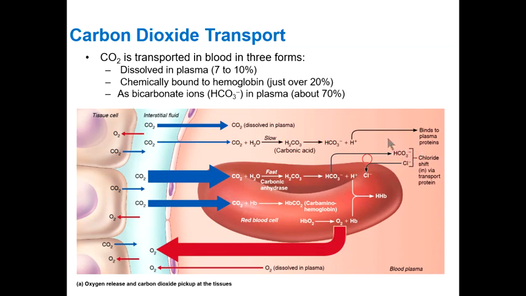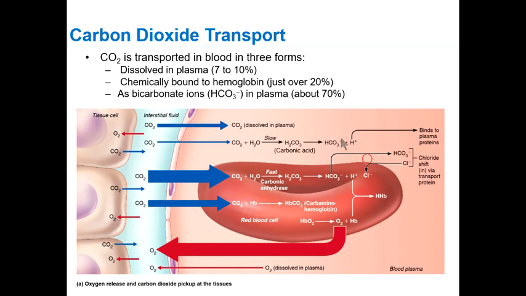So there's bicarbonate in the blood. Doesn't have to enter the red blood cell. We can see carbon dioxide will react with water in the plasma to produce that carbonic acid and then split into its hydrogen ion, which increases acidity, and bicarbonate ions.